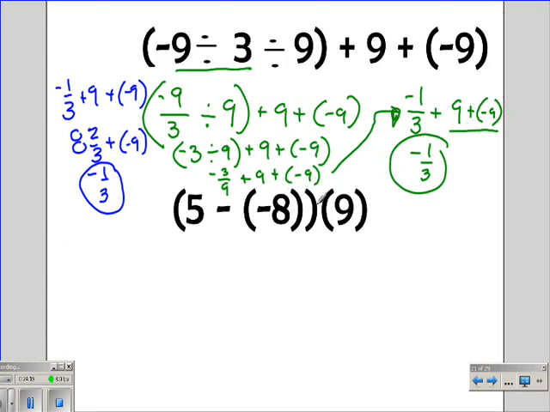Let's work parentheses within parentheses. We always start with our parentheses here. This is going to be a multiplication between these two. You might recall that this can become our big plus sign here.